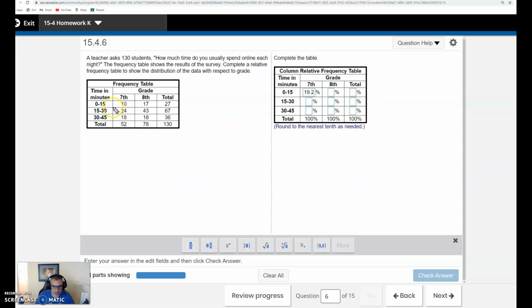Okay, let's look at this one. 24 out of 52 said they spent 15 to 30 minutes. So 24 divided by 52 times 100 is approximately equal to 46.2.